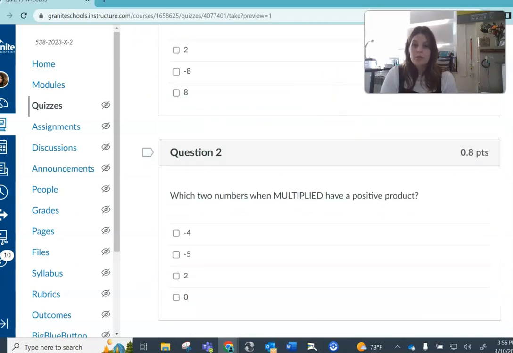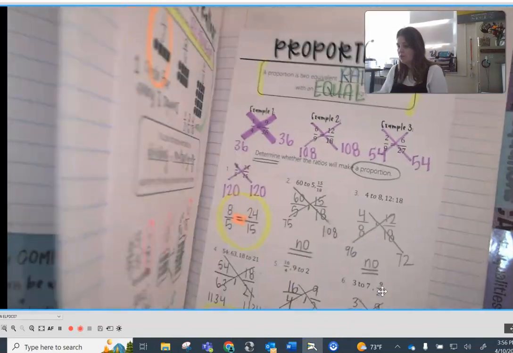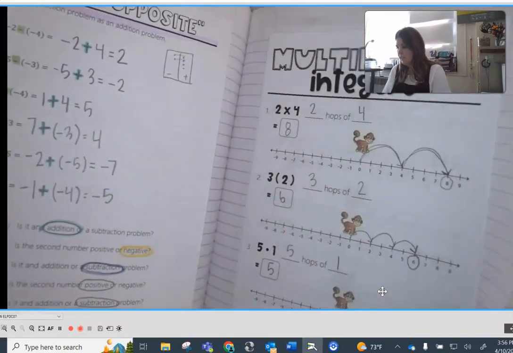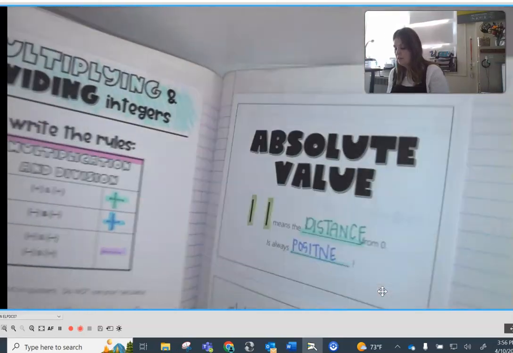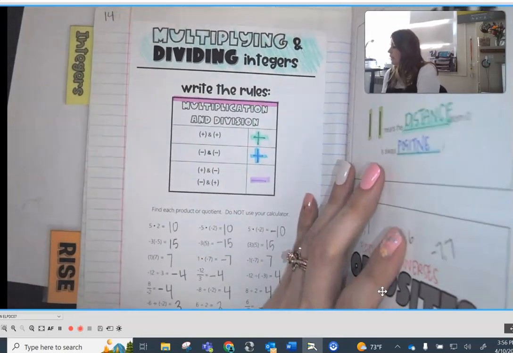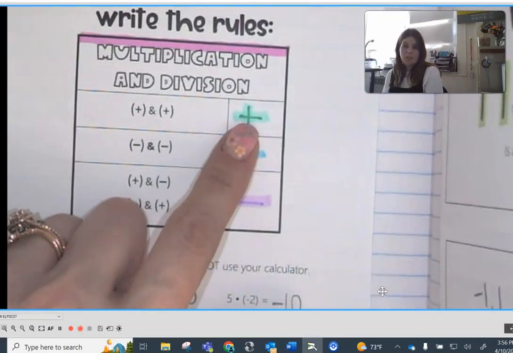Question 2 is a multiply one. It says, which two numbers, when you multiply them, will have a positive product? This goes back to page 14 in our notebook, and we have to review the rules. If you multiply a positive and a positive, the answer stays positive.